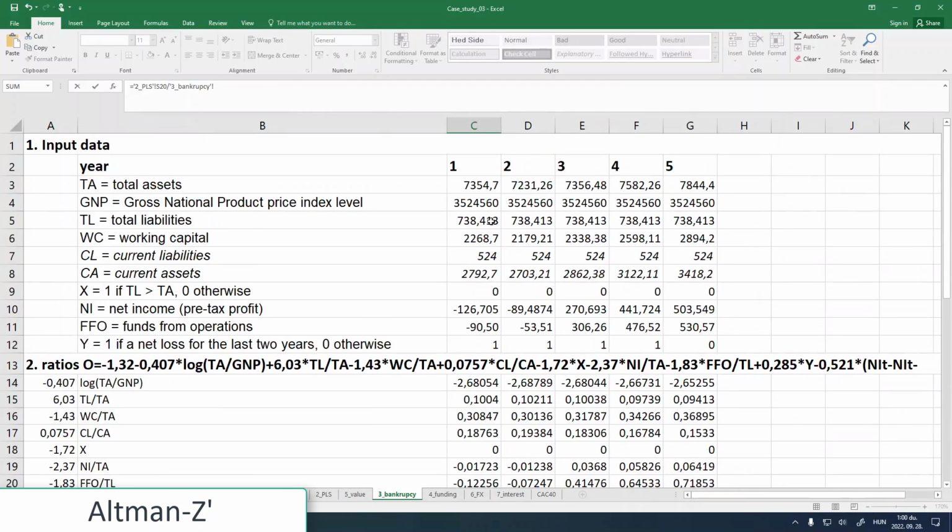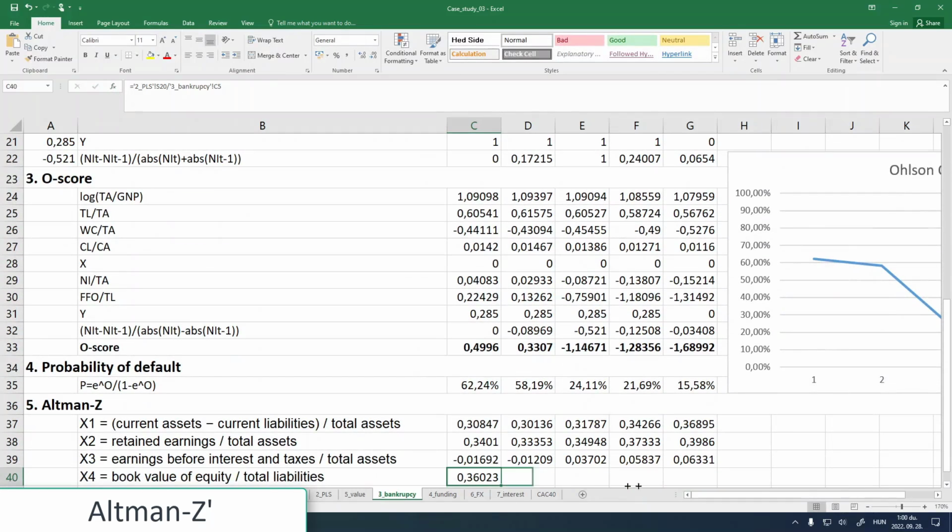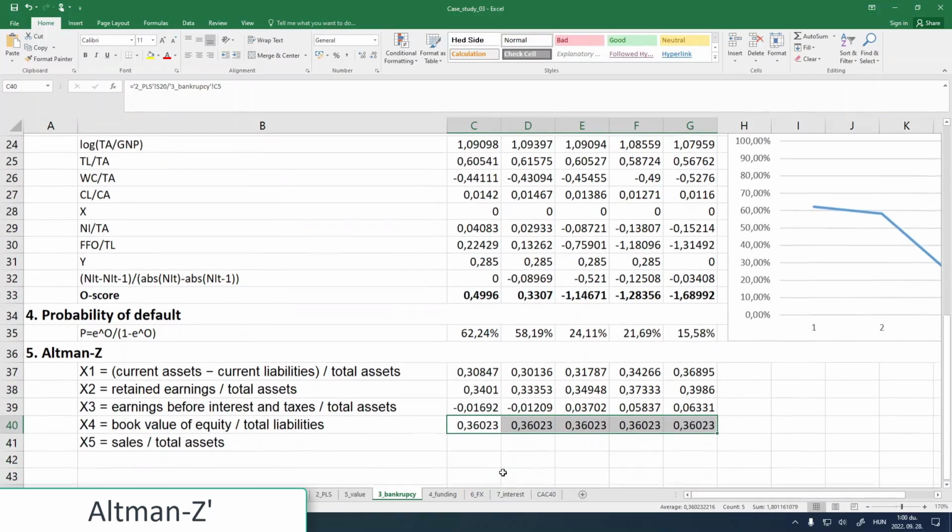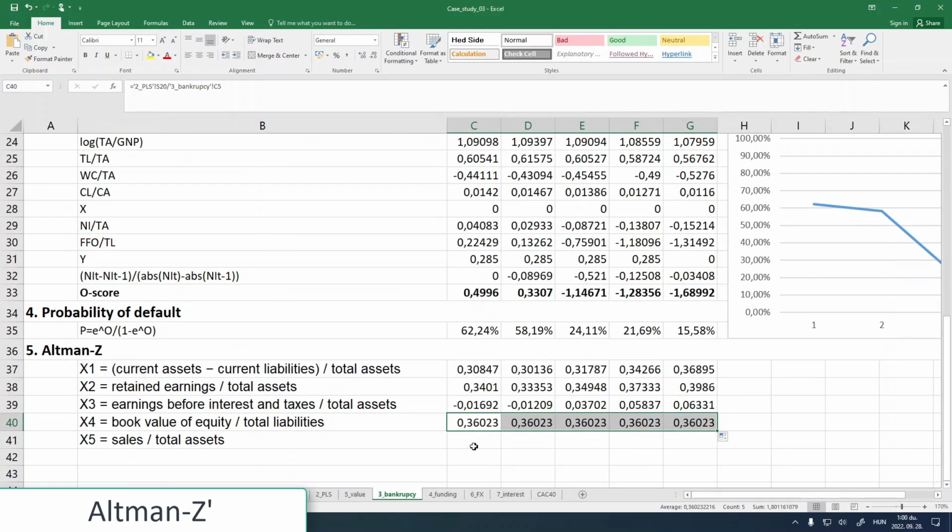Total liabilities, here we have them. Okay, total liabilities are changing, so it should not be a constant, but we will provoke it later. We will check what is happening if we are using the actual value, but right now it's good.